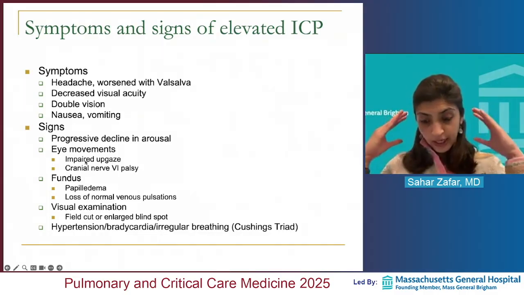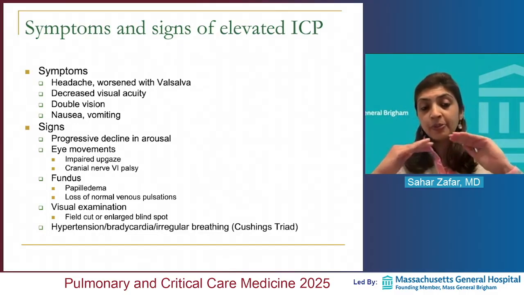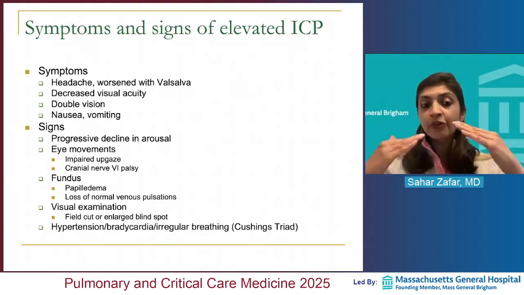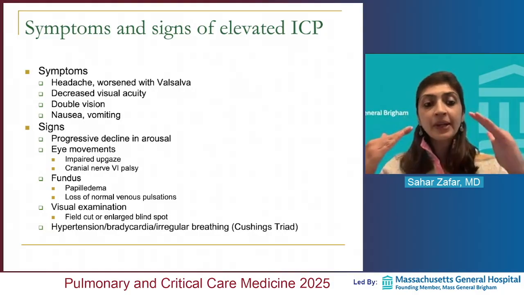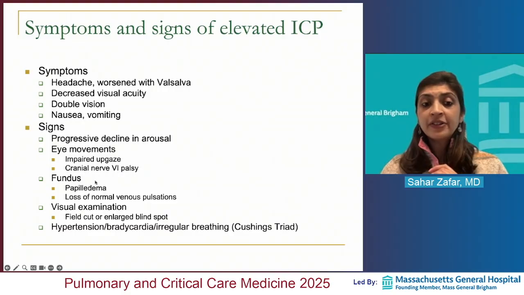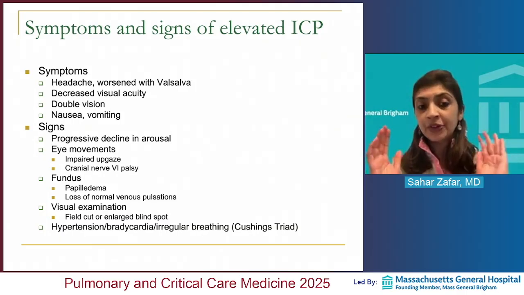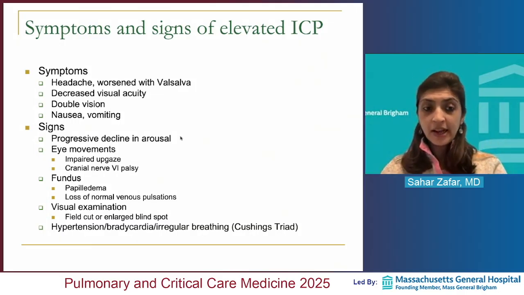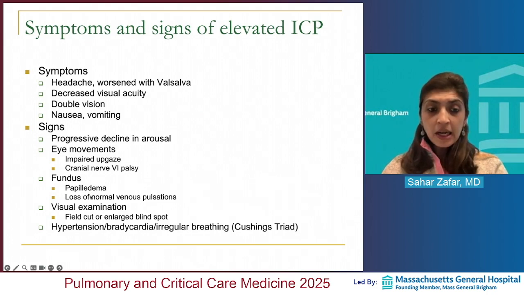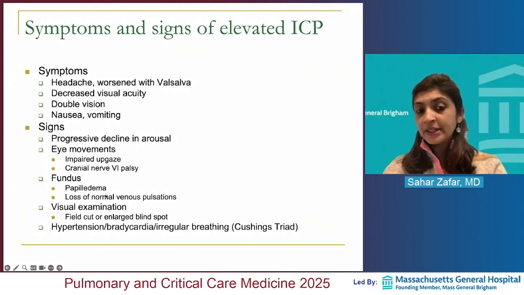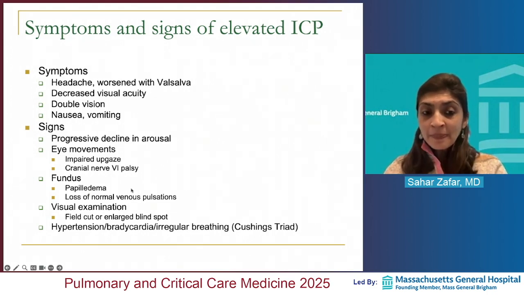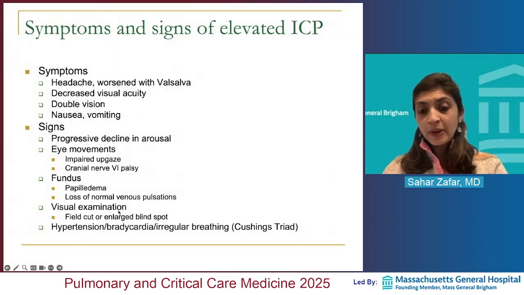This is especially because higher ICP can push down on the posterior part of the brainstem that controls eye movement, and that can result in impaired upgaze. And then cranial nerve 6, which has the longest track, is most susceptible to elevations in intracranial pressure. So you can see cranial nerve 6 palsies in patients that have elevated intracranial pressure. Papilledema and loss of normal venous pulsations on fundoscopic exam, and then enlarged blind spots.